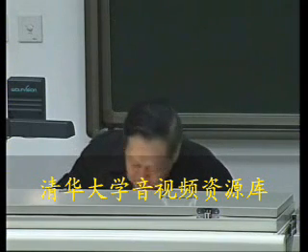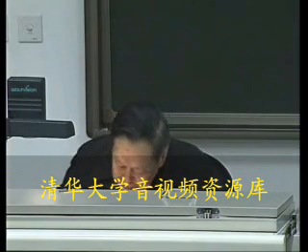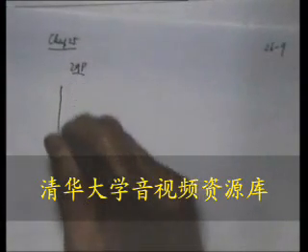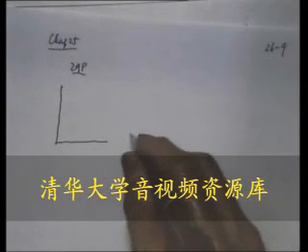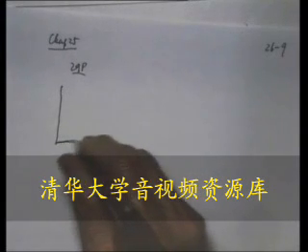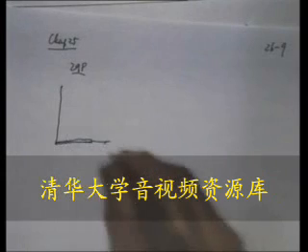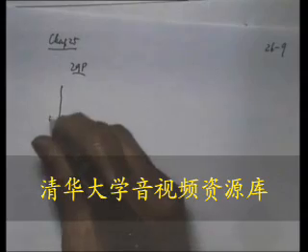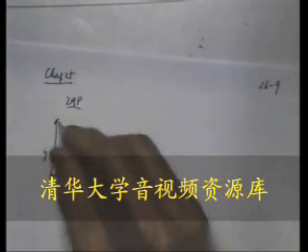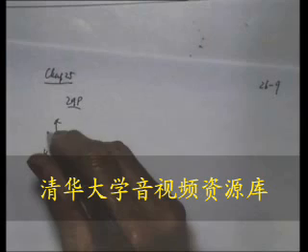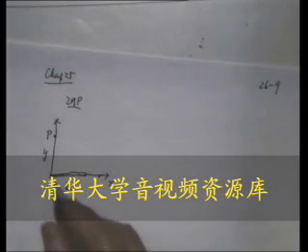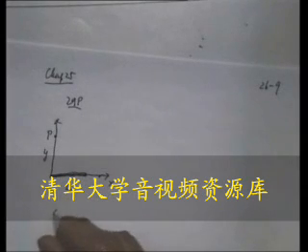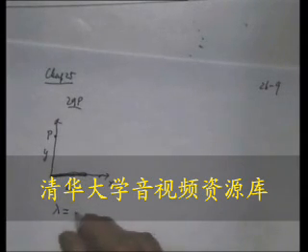Problem 29p. There's a charged rod here with a charge density equal to Cx.